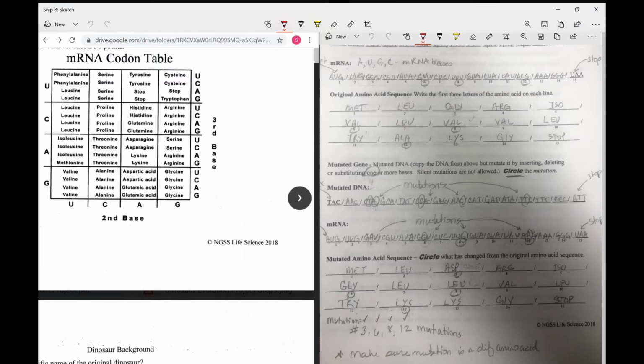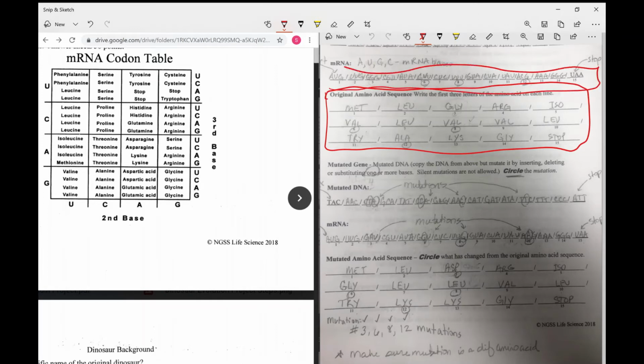Okay, so now we're going to look at how to determine which amino acid we have by looking at the mRNA sequence. So if we look at AUG, notice 1 and 1, you're just going to match them up, AUG.